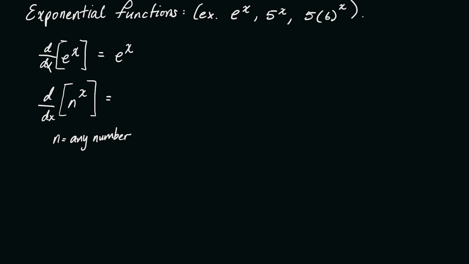Now, the derivative of n to the x will just be n to the x, but you have to times it by ln of n. So it's not too bad, right?